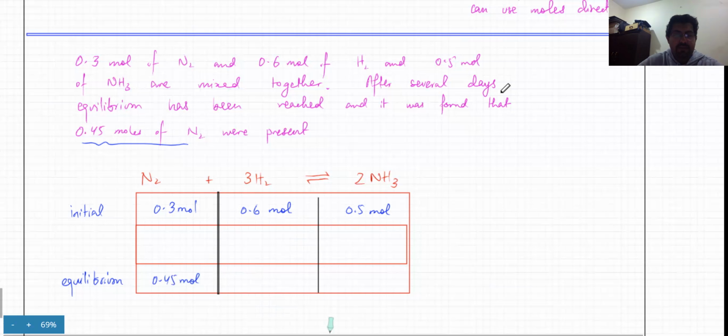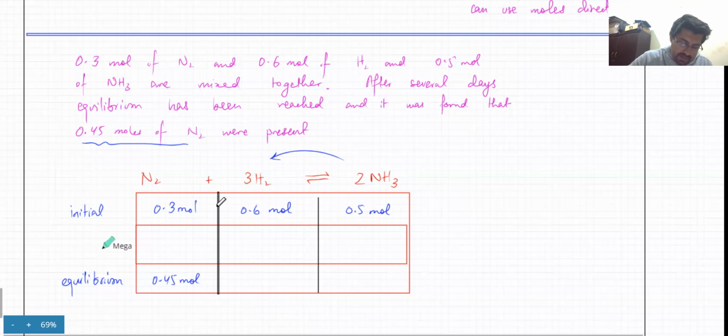Now, in this case, by just looking at the equilibrium moles of N2, you would notice that the reaction must have shifted backwards, because the amount of N2 increased. So the reaction was shifting in the backward direction. There was more backward happening, and then equilibrium was reached.